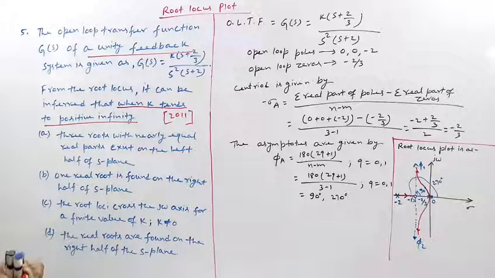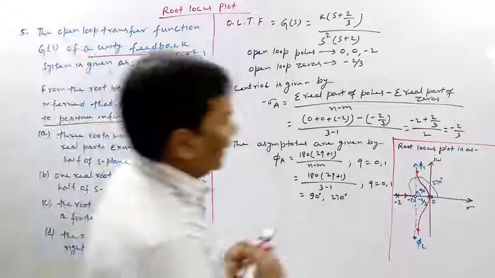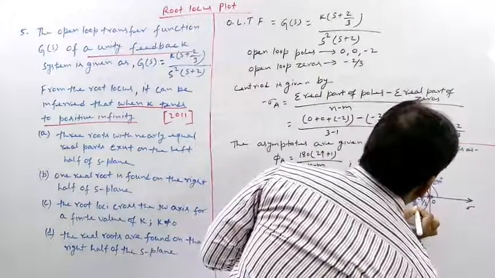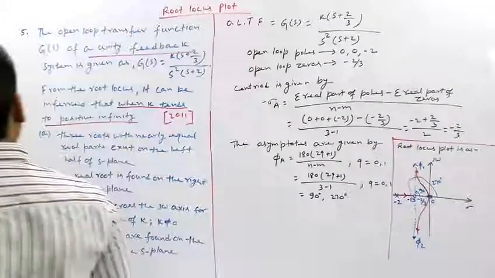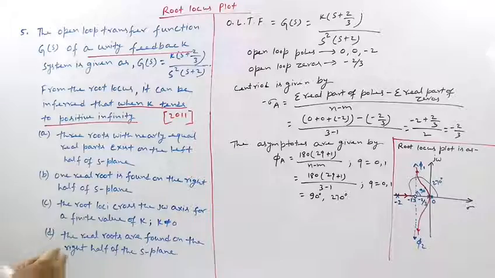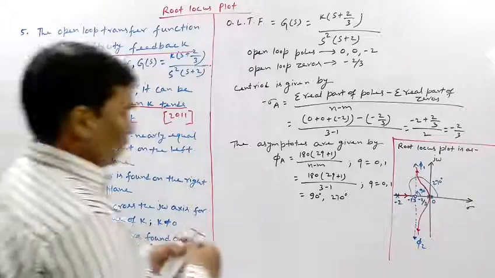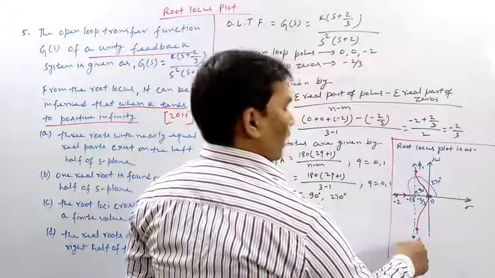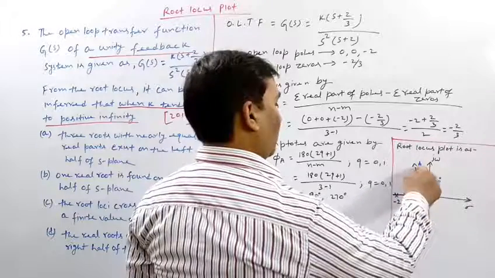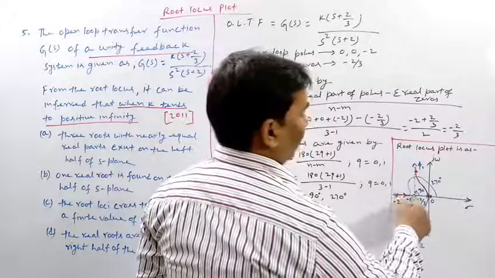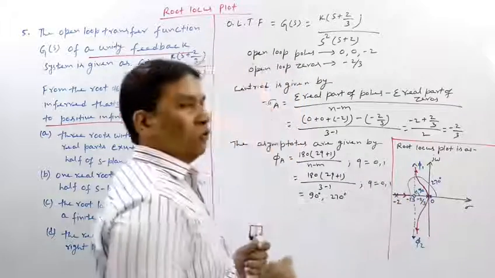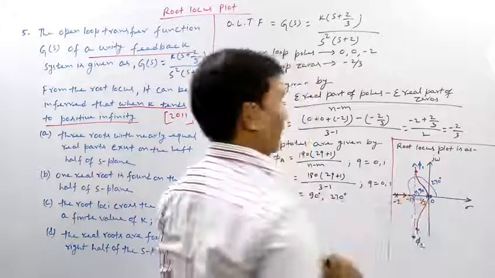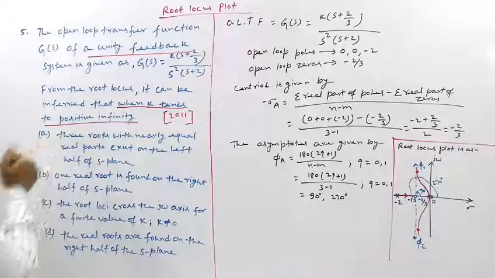When K tends to positive infinity, there will be 3 roots: one root along this branch, another root along this branch, and another along this branch, and all 3 roots will have their real part almost equal, and that will be minus 2 by 3. So the first option itself is the correct one.